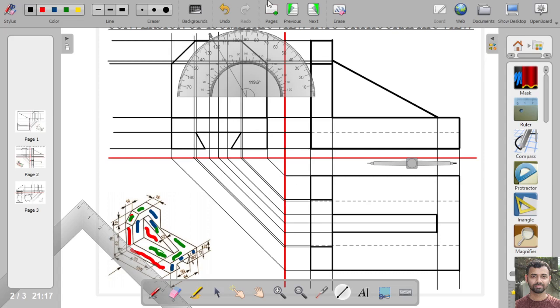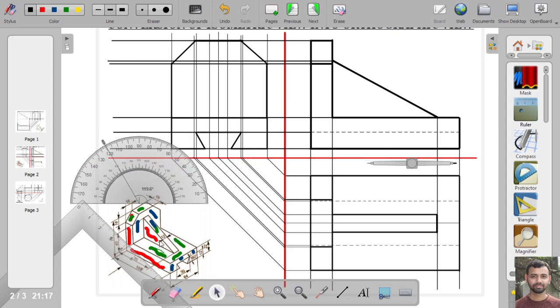Okay, now another portion is left, that is this slant portion.